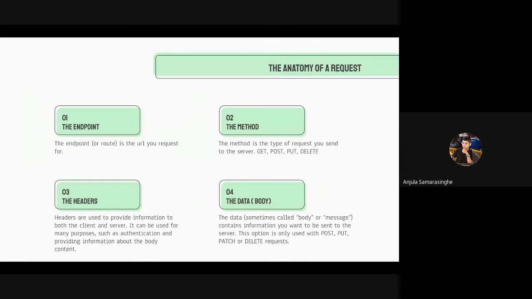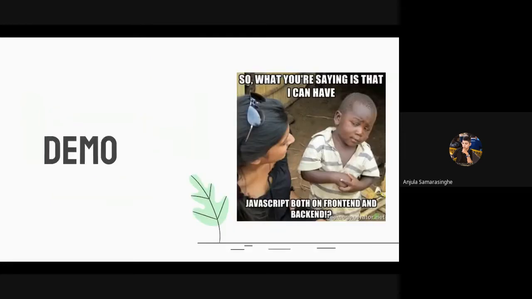So now we know what an API is, how it works, what RESTful APIs are, and how a request looks. So let's create some APIs. I mentioned that I'm going to use Node.js and Express to create the endpoints, and MongoDB to store the data.